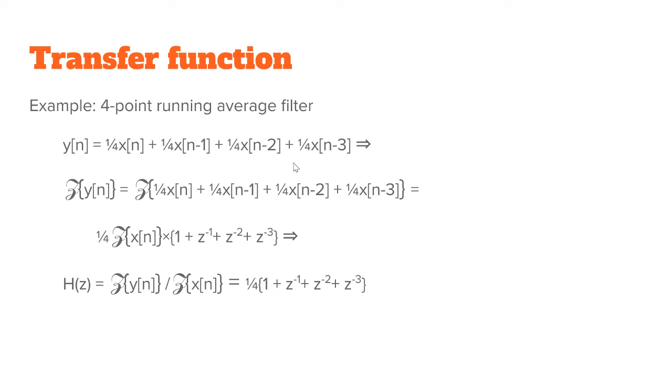If you just compare this form, we have y[n] times, where's the sum?